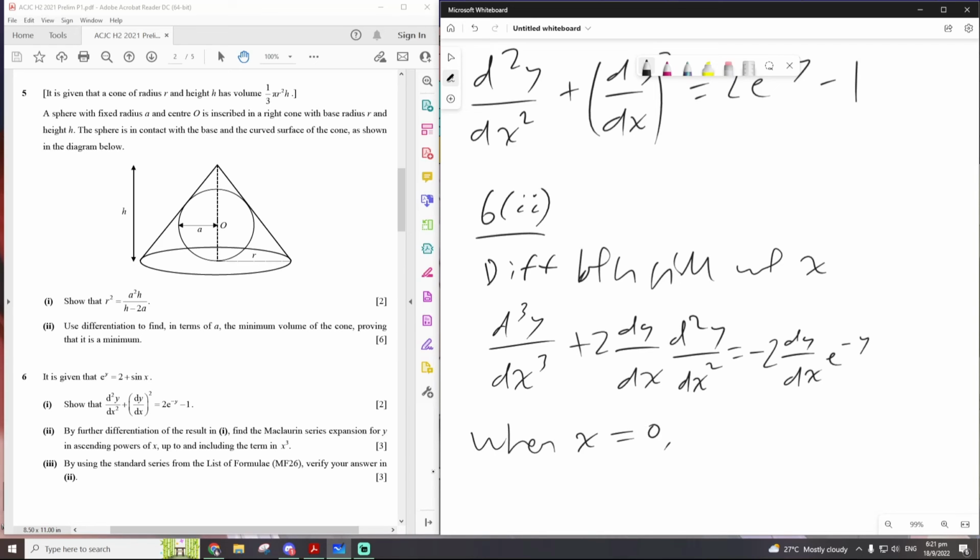When x equals 0, what is y? y is ln 2. dy/dx, when x is 0, is ln 2 times e^(-ln 2), so yeah, it's 0 also.